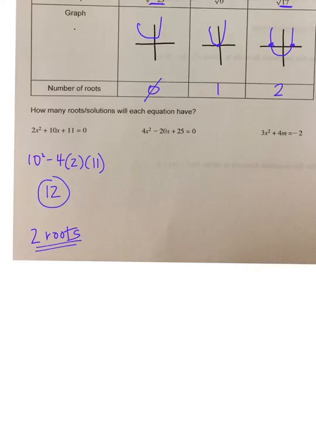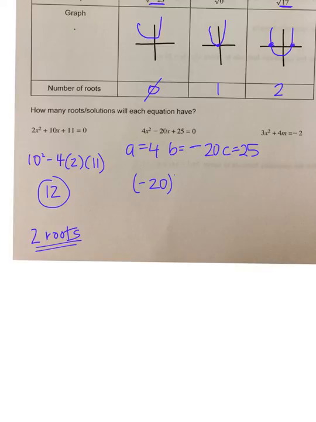This next one, a equals 4, b equals negative 20, and c equals 25. So when I write that out, I have to be careful. Why did I write 12 and say 20? Oh my gosh. Okay, be sure to use parentheses.